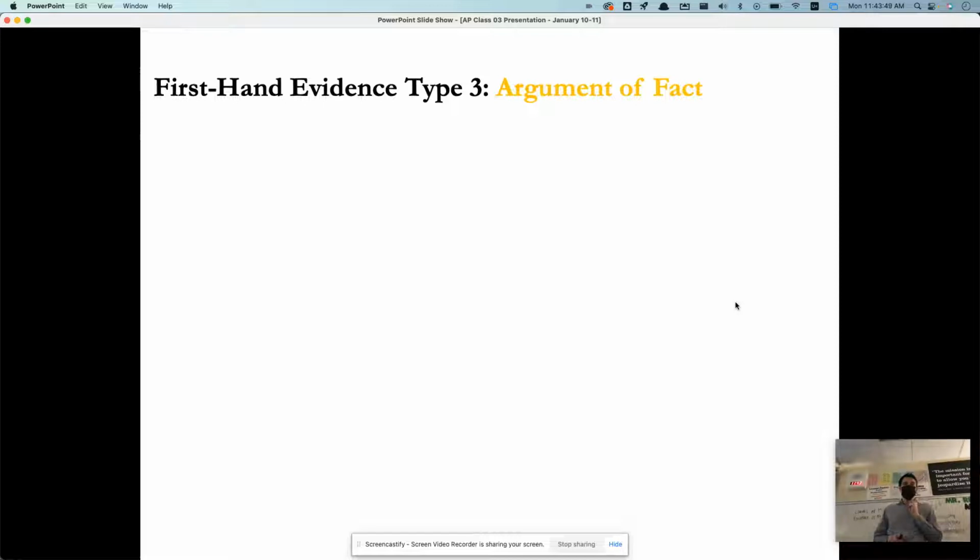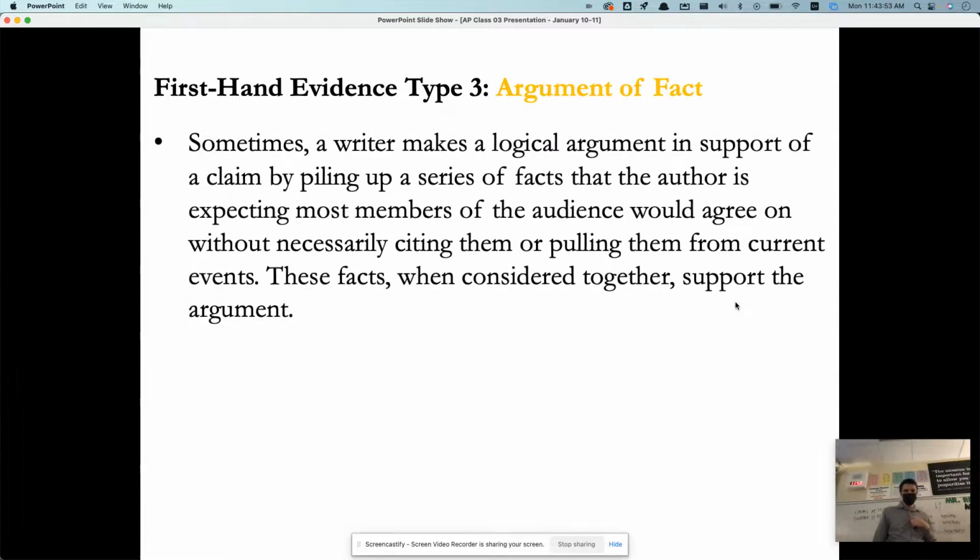Third kind of evidence, first-hand evidence, is argument of fact. Sometimes writers will make a logical argument in support of a claim by piling up a series of facts or claims of fact that the author is expecting most people in their audience are going to just accept, without necessarily citing those facts, without pulling them from current events.